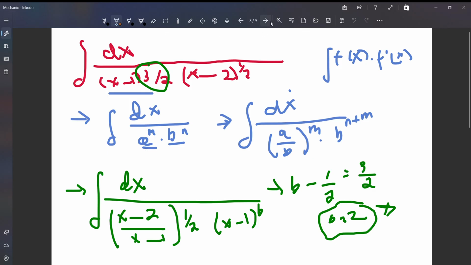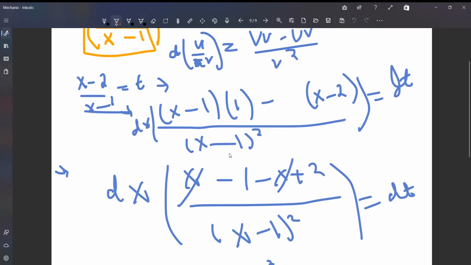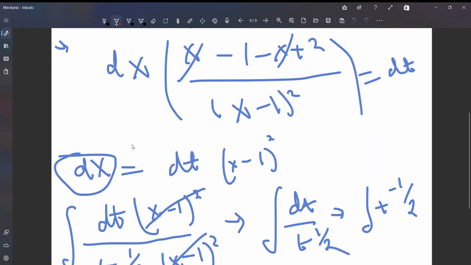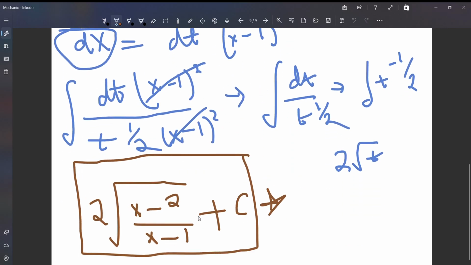We were able to develop the solution quite properly after using the u by v rule. And yeah, that's about it. And this can be used for any questions which have dx over a power n into b over n.